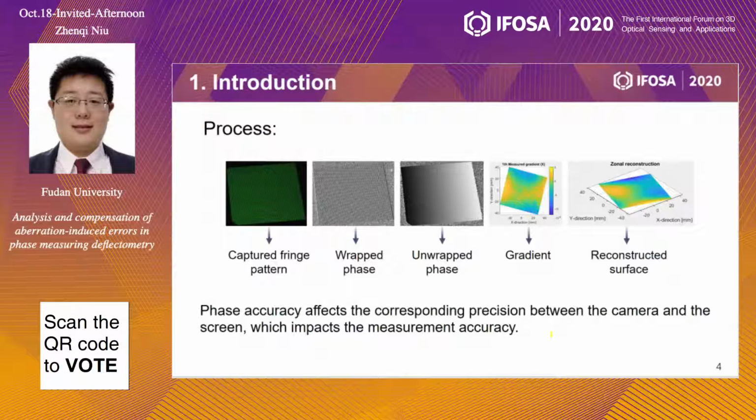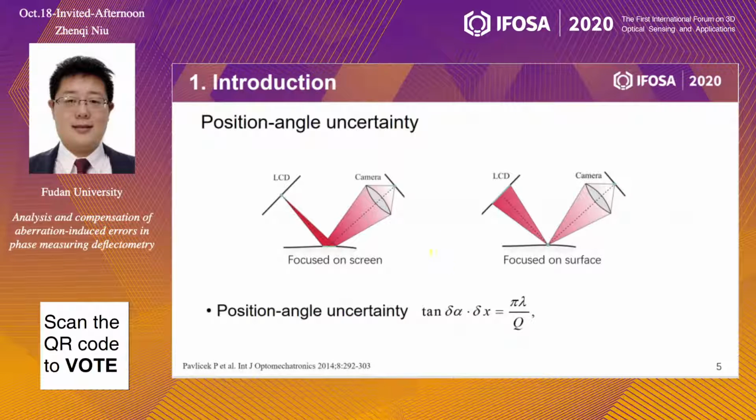Hence, the phase accuracy affects the correspondence between the camera and the screen, which impacts the measurement accuracy. Unfortunately, deflectometry suffers from the problem of position-angle uncertainty. If the camera is focused on the screen, the detected point will be a large spot, thereby decreasing the position accuracy.